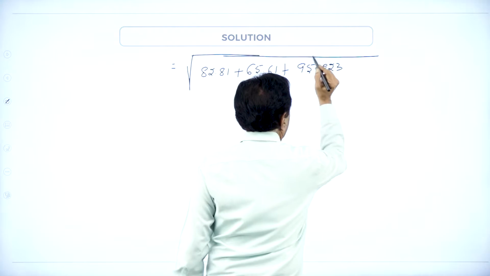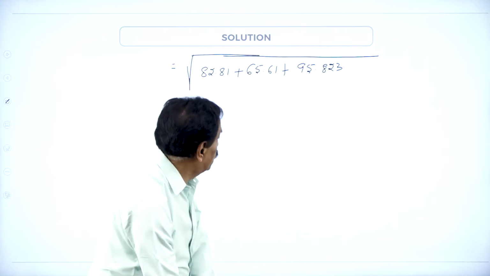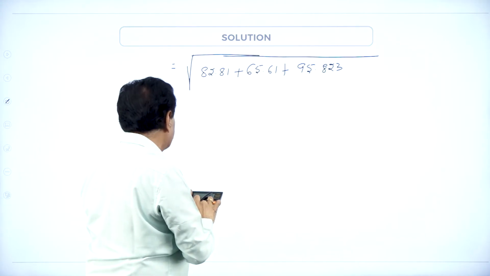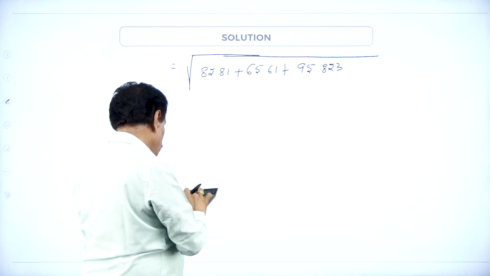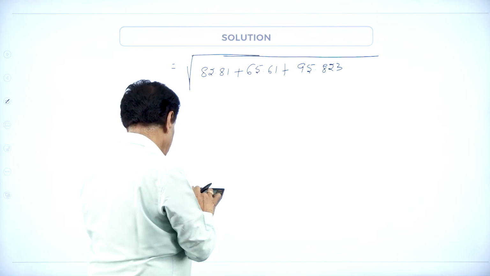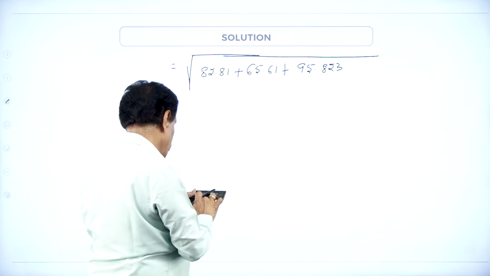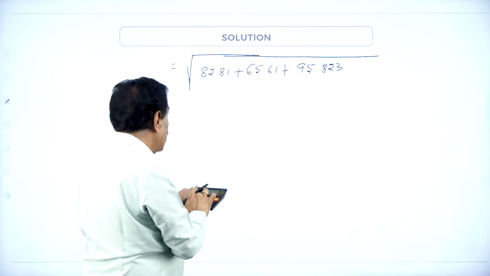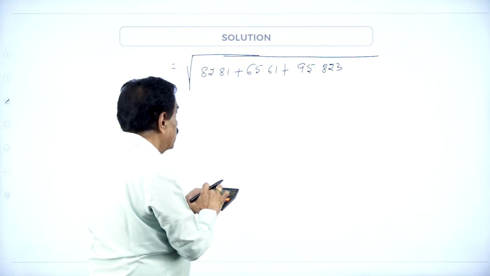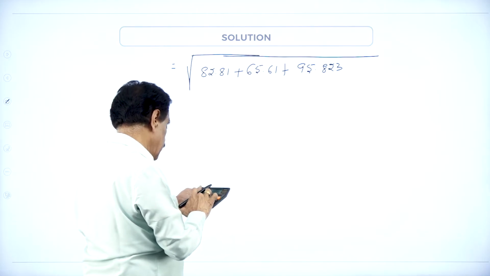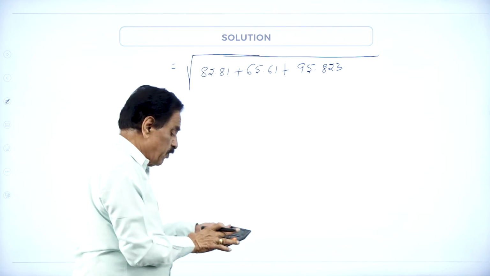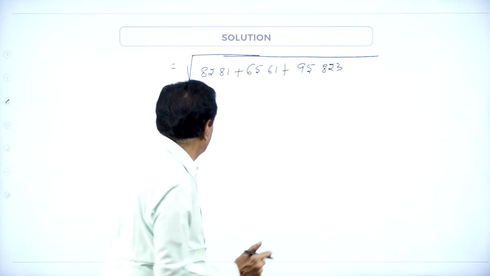Add the figures: 65.61 plus 82.81 plus 95.823 is 244.243.